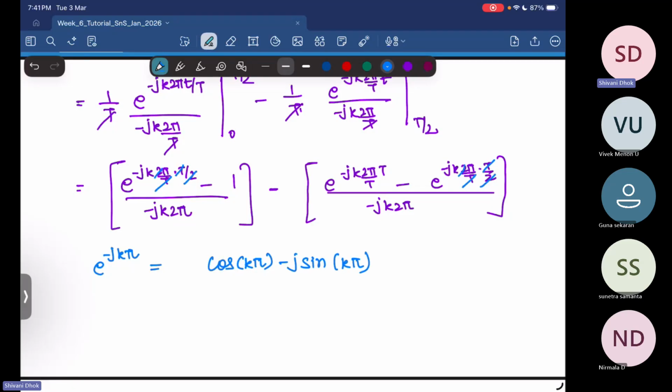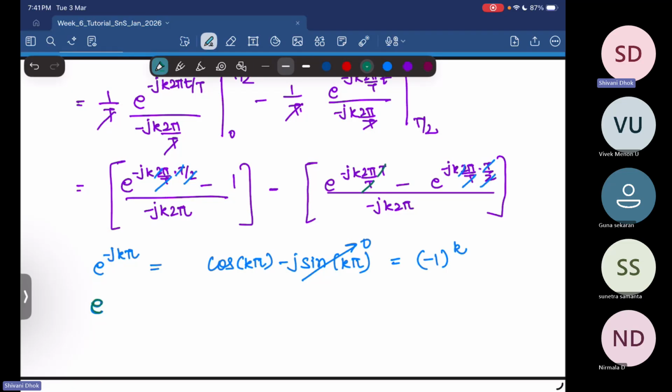Now sine of every integer multiple of pi is 0, and cos of k pi, if k is equal to 1, it is minus 1, if k is equal to 2, it is 1. So for all odd values of k it is minus 1, for even values of k it is plus 1. So I can write this as minus 1 to the power k. Similarly, for this particular term, this T gets cancelled.